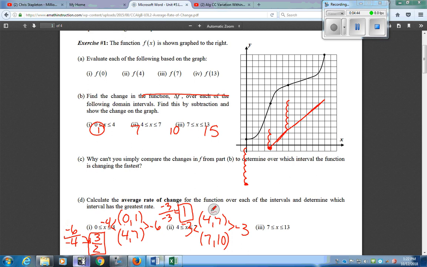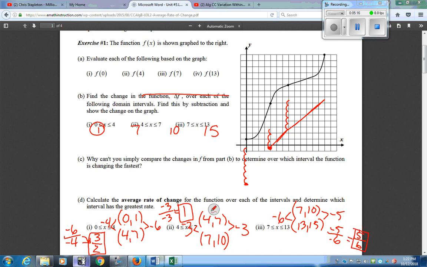What the 1 means is that for every space up, I go 1 over to the right. And for the last part, we have 7, 10, and 13, 15. It's negative 6 for 7 minus 13, and negative 5 for this. If you do negative 5 divided by negative 6, change it back to a fraction, you end up with 5 over 6, which is less than 1.